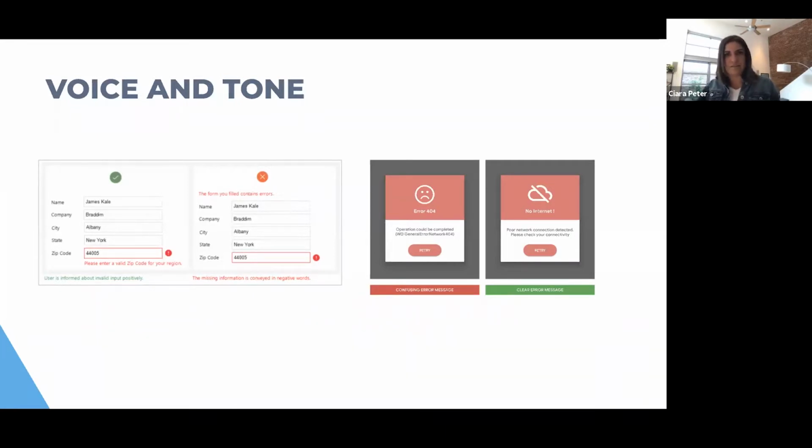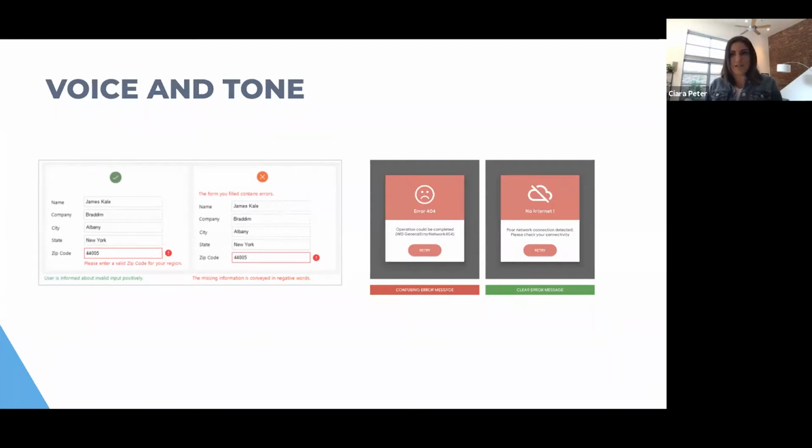I'm telling you that you did something wrong. Well, maybe they did, but it's probably my responsibility as the creator of this software to help them not get it wrong. Nevertheless, we need them to move on. So this example on the right, please enter a valid zip code for your region. It's much easier and it doesn't make people feel like they made a mistake.